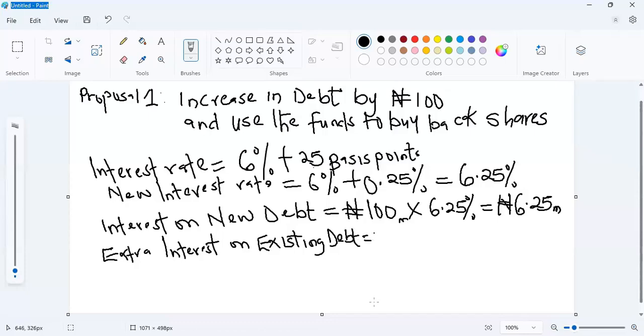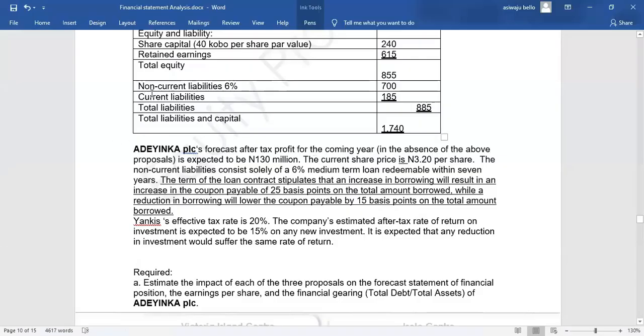Our existing debt is 700 million. You can go back to the question. Look at it. Non-current liability, 6%, 700 million. The question says, the non-current liability consists solely of a 6% medium-term loan.